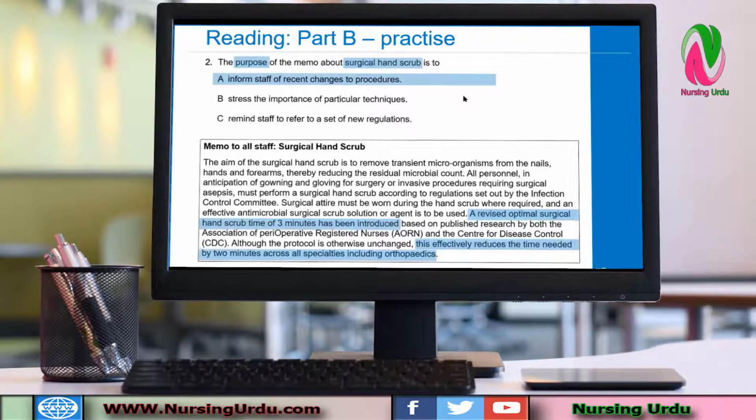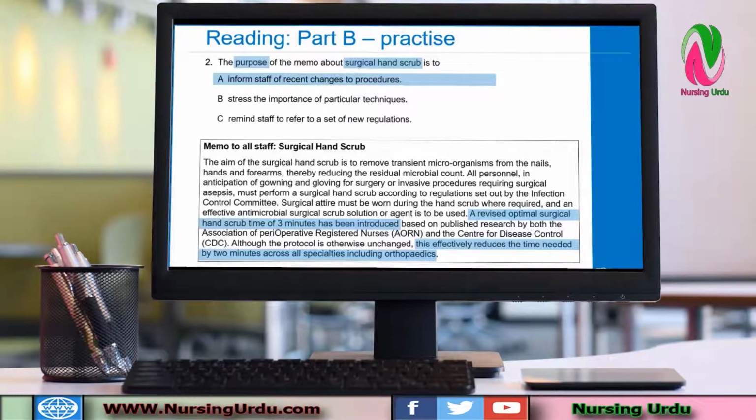Yes, it says in that sentence, has been introduced based on published research by both the Association of Peri-Operative Registered Nurses and the Centre for Disease Control. Although the protocol for surgical hand scrub is otherwise unchanged, this effectively reduces the time needed by 2 minutes across all specialties, including orthopedics.